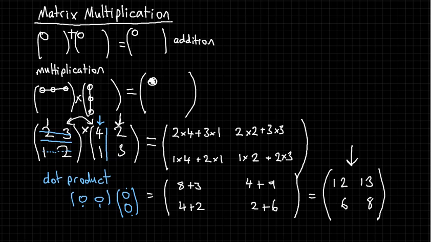Now, in terms of what does matrix multiplication mean, how do we actually use it? We'll go into that next. One of the applications is that you can multiply, say, a whole bunch of positions of atoms. So let's say here we've got positions of an atom.